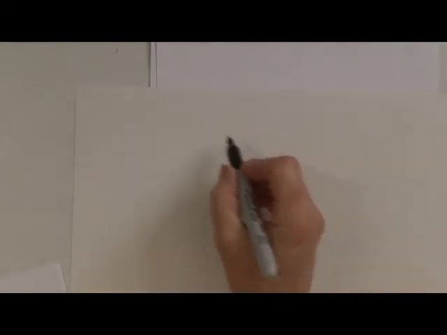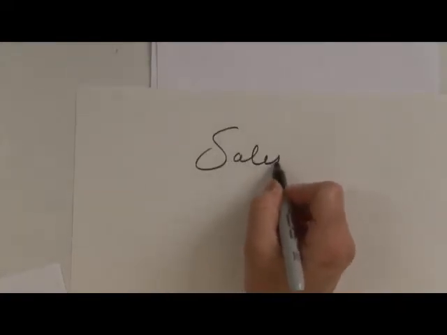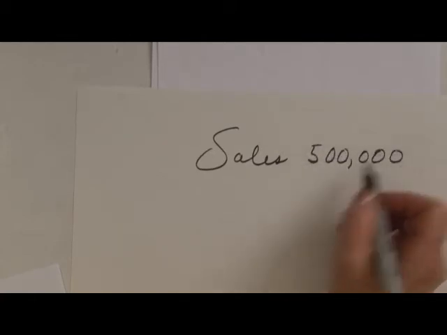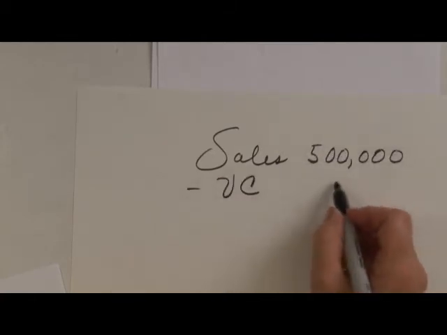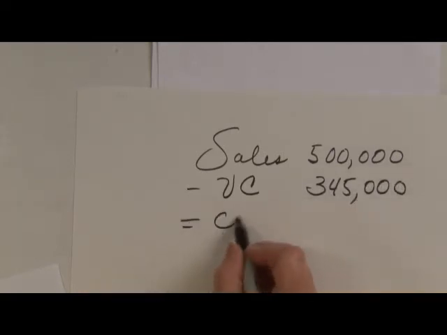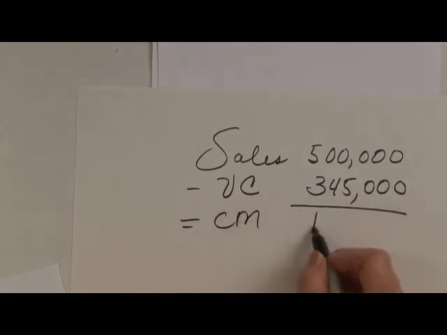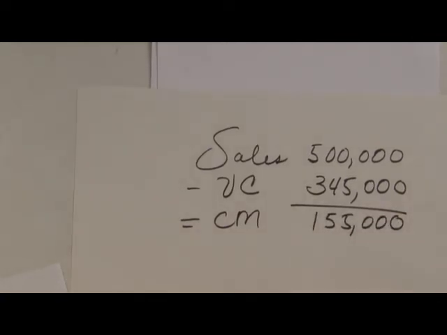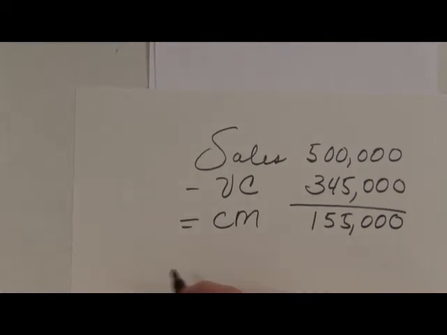We have an income statement now that's going to show the sales. And let's say the sales are $500,000 for this company. Variable cost, we will use example of $345,000. Contribution margin of $155,000. Now, what you'll see next is what we need to change from the traditional way of doing this type of statement.